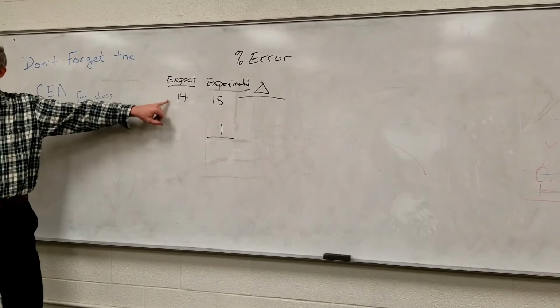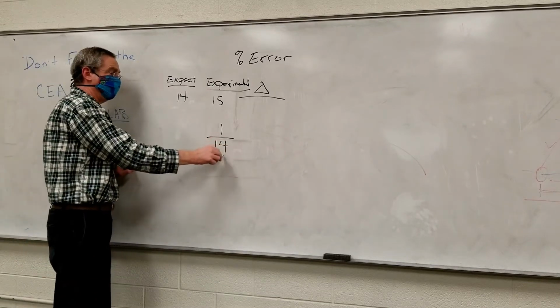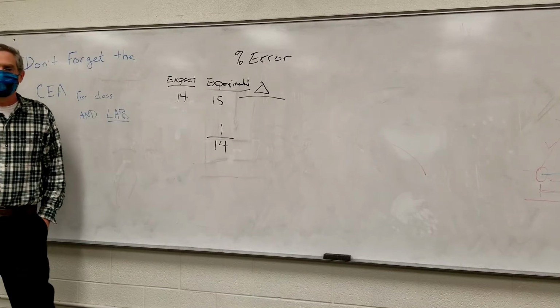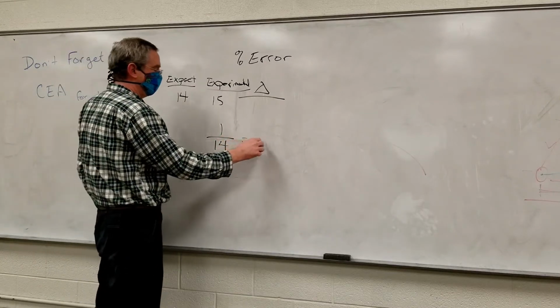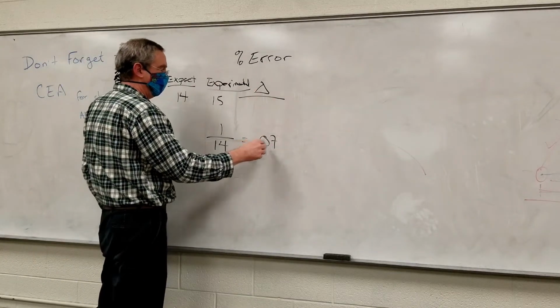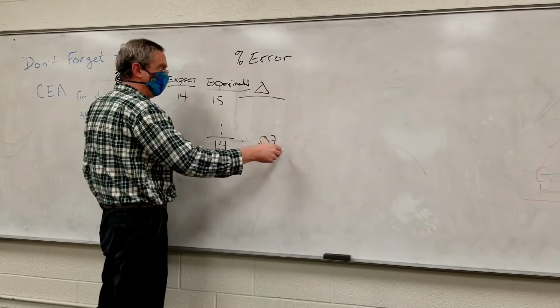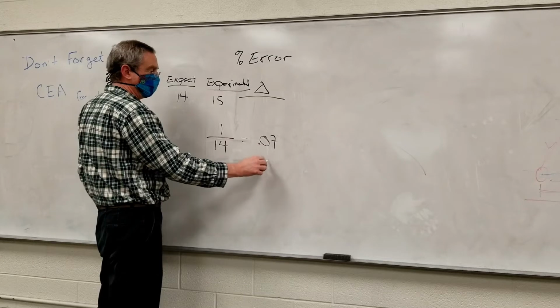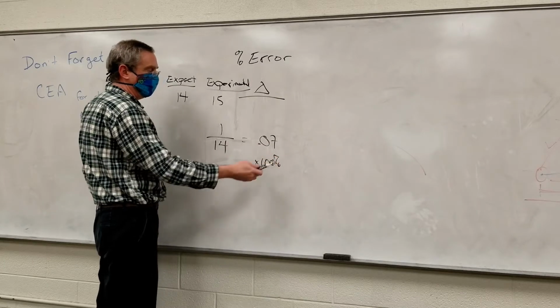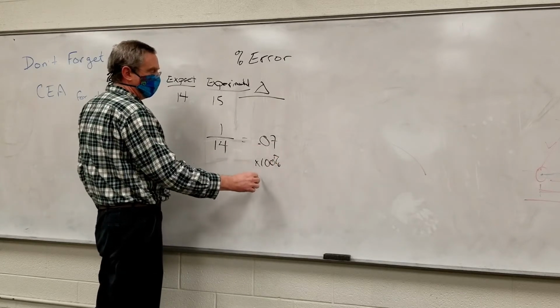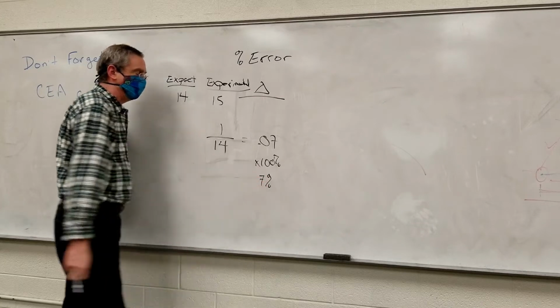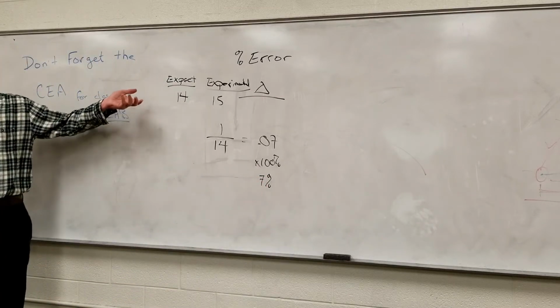Since I have an expectation of 14, I compare it to 14. I get 0.07-ish, and then to put it in percent form, multiply times 100%. Or you multiply times 100, and you get 7%. So this would have a percent error of 7%.